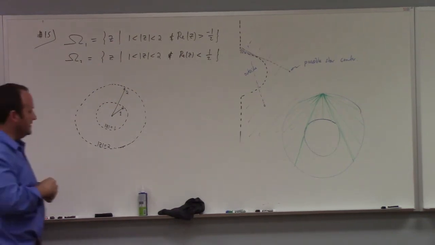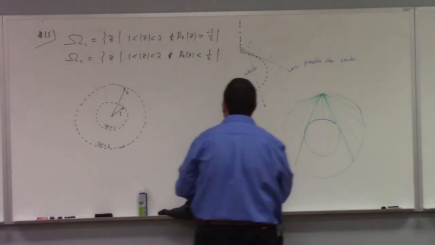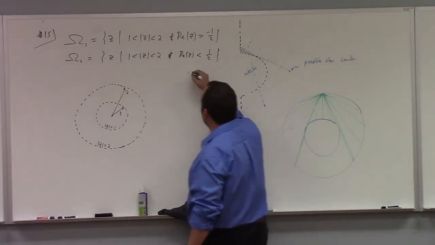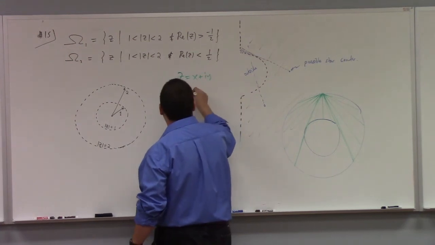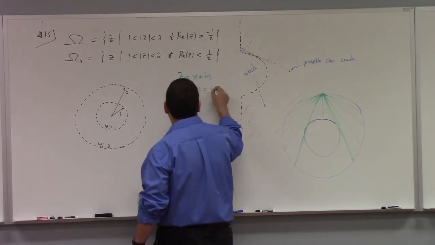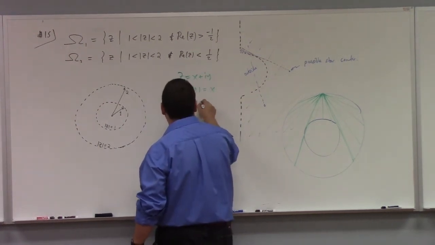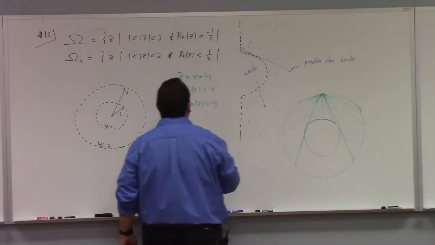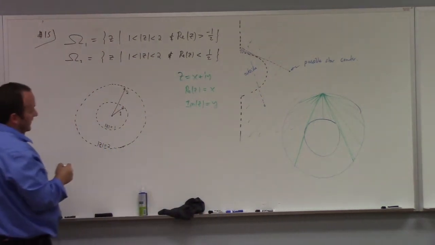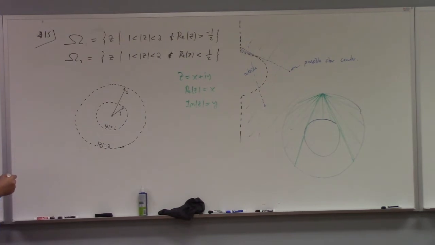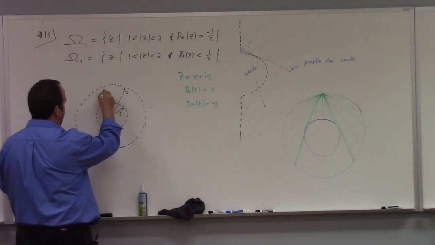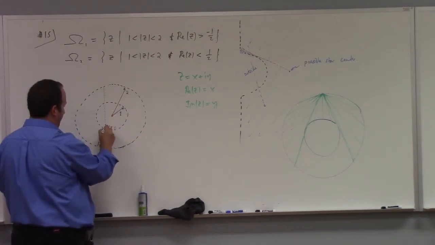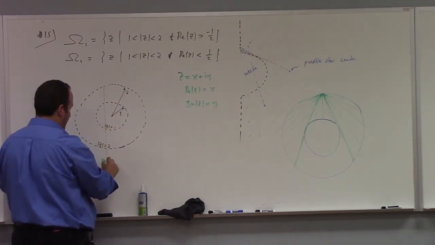Now, omega 1, what does it say about our z? If z is equal to x plus iy, the real part of z is x and the imaginary part of z is y. So omega 1, we've got the real part of z greater than minus 1/2. Here's x equals minus 1/2.